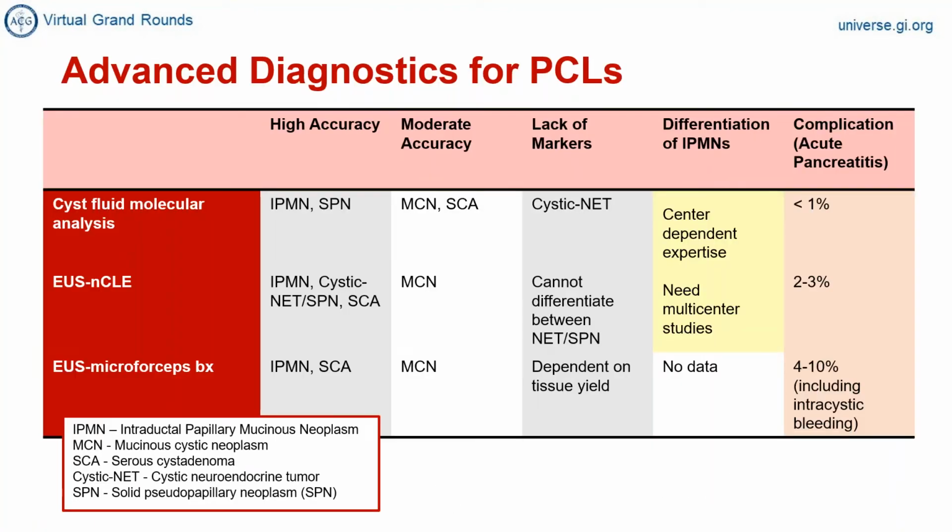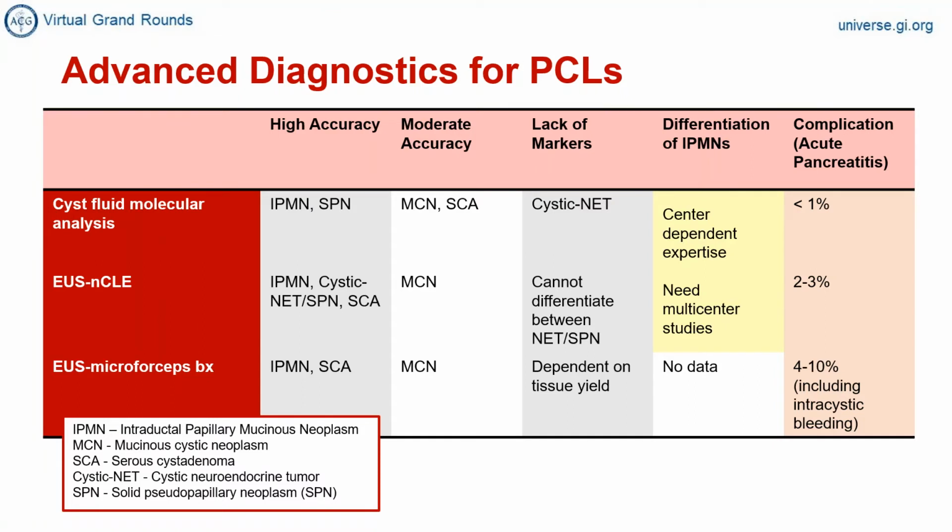So putting all these novel diagnostics together, here is a table which summarizes the advantages and disadvantages. The first novel diagnostic tool is cyst-fluid molecular analysis. It's optimized for IPMN and solid pseudopapillary neoplasm. As we discussed earlier, mucinous cystic neoplasms pose a challenge because of wide areas of atrophy or chronic inflammation.